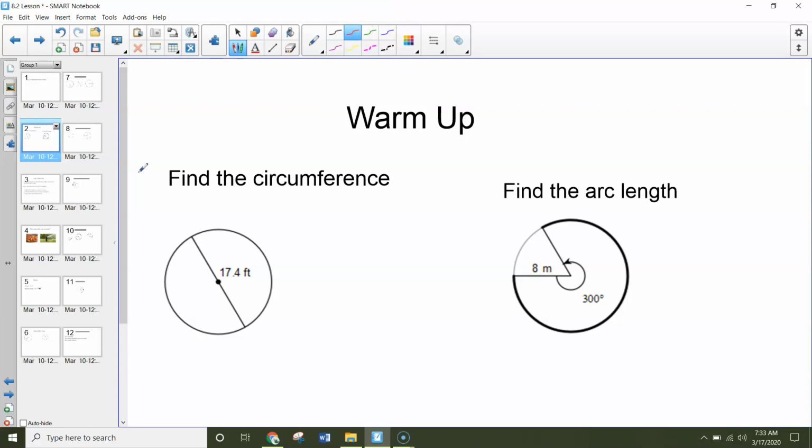Okay, so for this first one, remember we want to use 2 times pi times the radius. To find the radius, I need to find half of this. So 17.4 divided by 2 gives me 8.7.